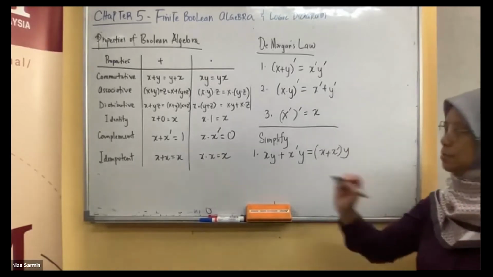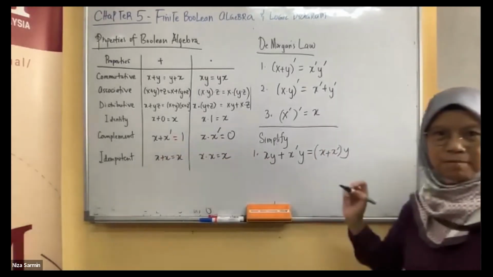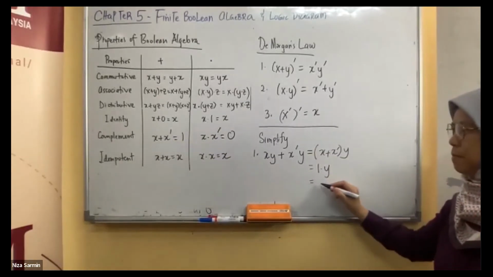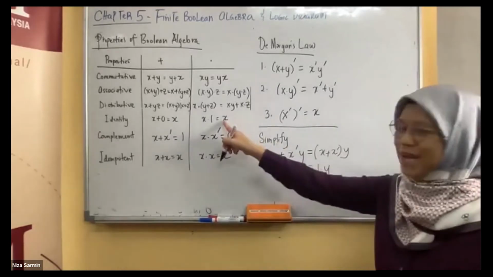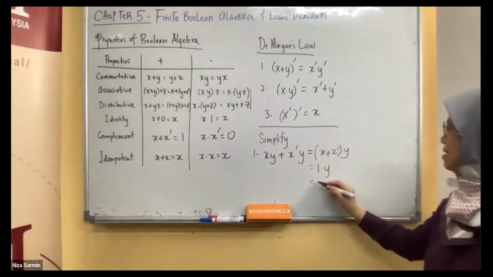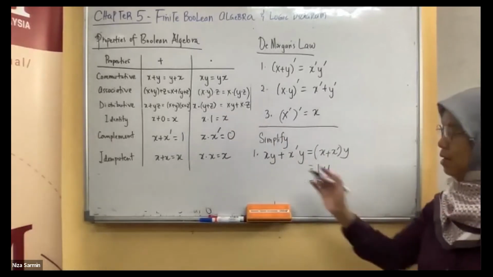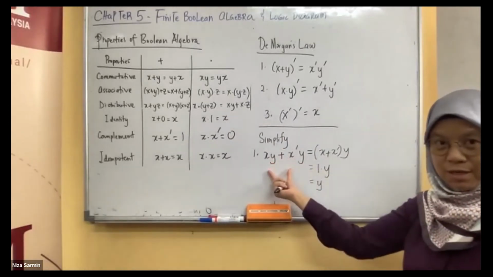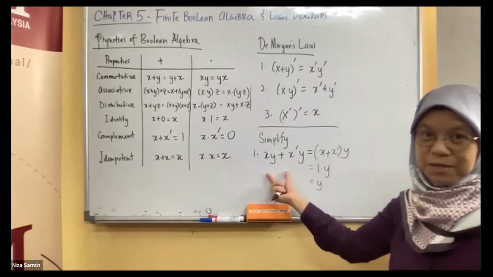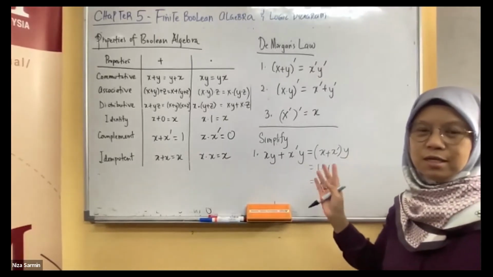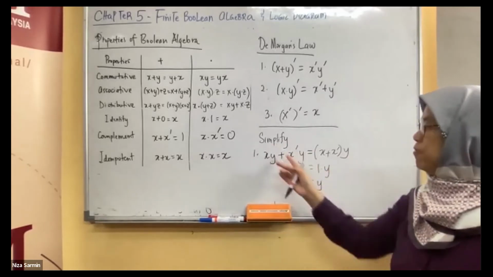And what is x plus x prime? 1. So what is 1 times y? y. Right? Yeah. So you want to simplify these two expressions, and at the end it's just very simple. It's just y.